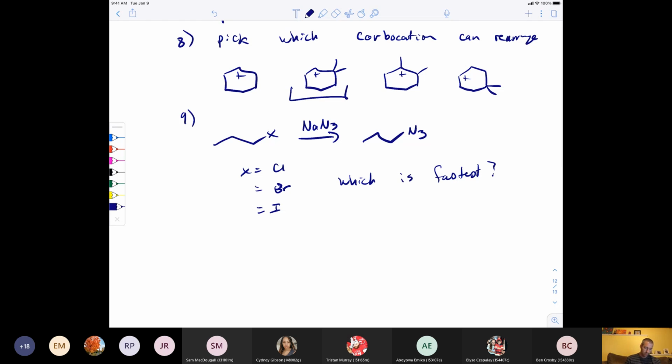Iodide is the best leaving group, followed by bromine, followed by chlorine. Which one's fastest? Which one's slowest? If it's fluorine, fluorine doesn't react at all. Fluorine's not a leaving group.